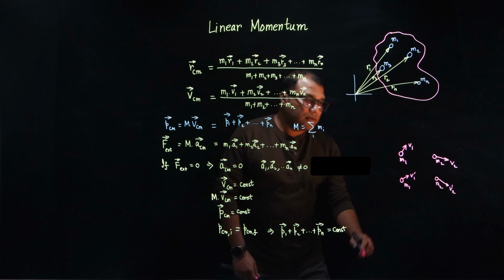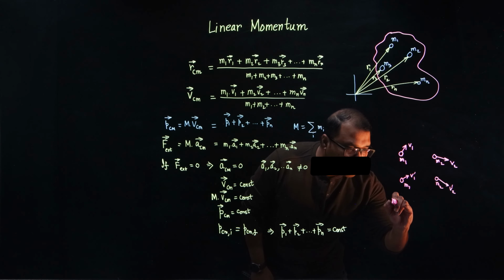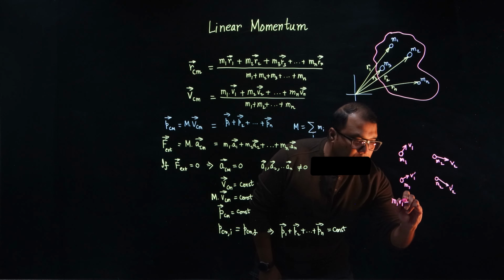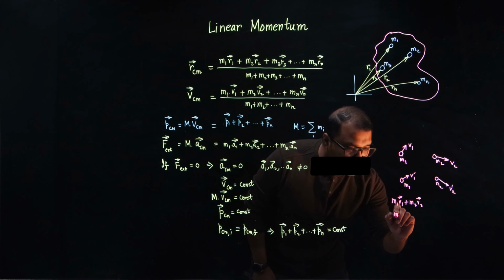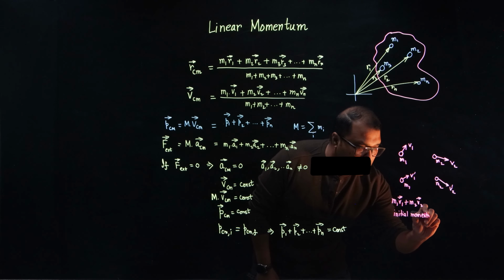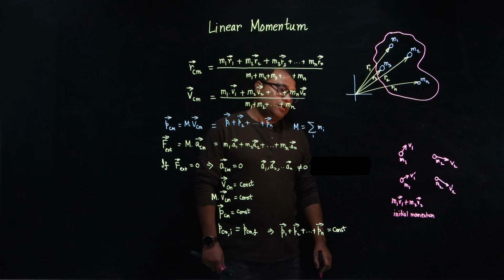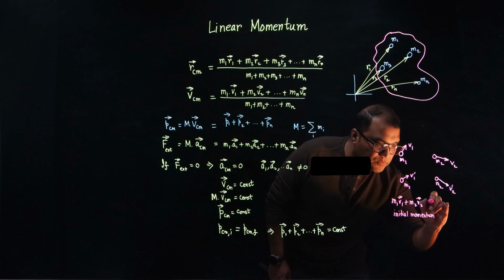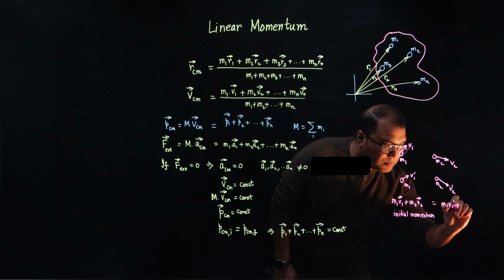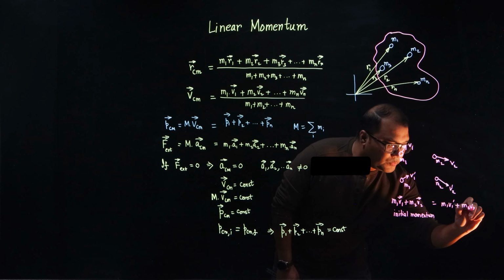In that case, the initial momentum of the system was m1 v1 plus m2 v2. This was what? Initial momentum. Okay? This will be equal to m1 v1 dash plus m2 v2 dash.